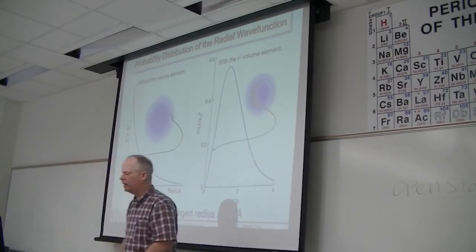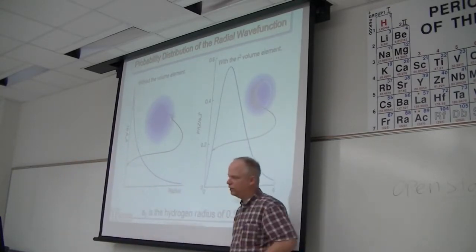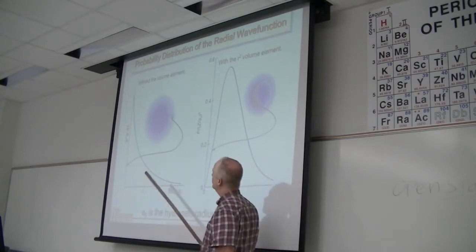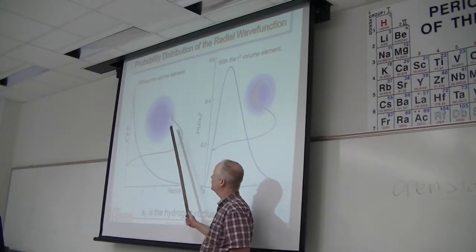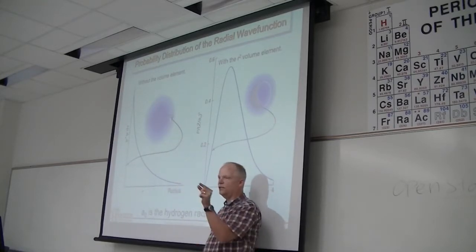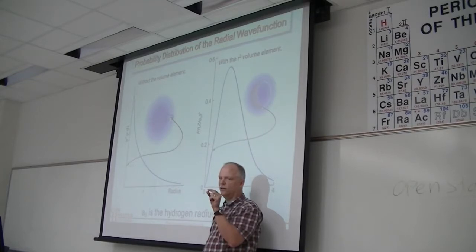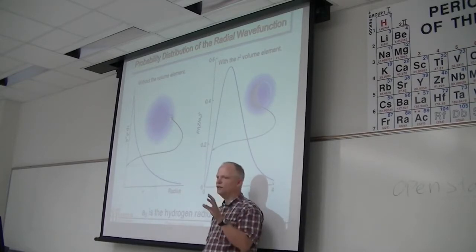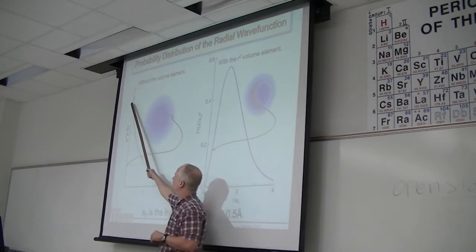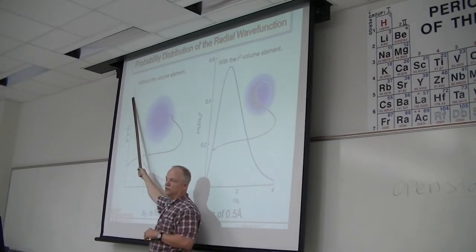So this is the radial distribution function, or the radial wave function. If you just have it without the volume element, without taking into account the effect of integrating little volumes in this three-dimensional integral, then it looks like the wave function would drive the electron right into the nucleus.